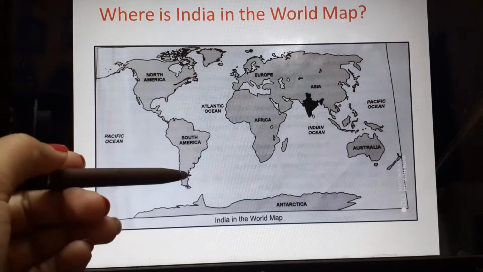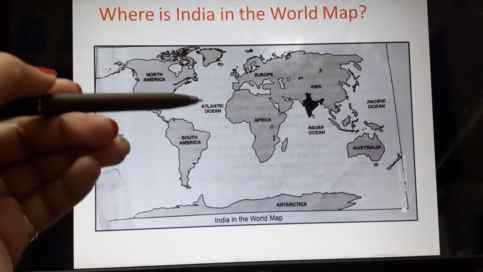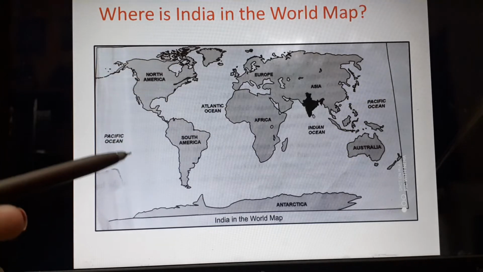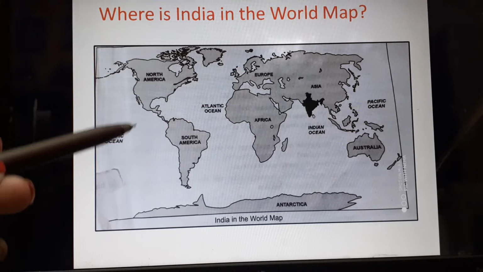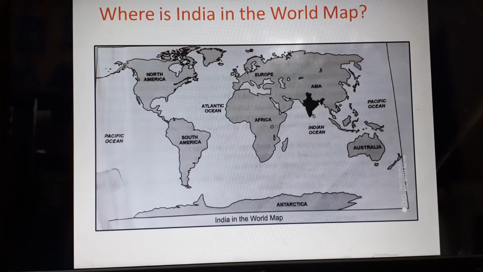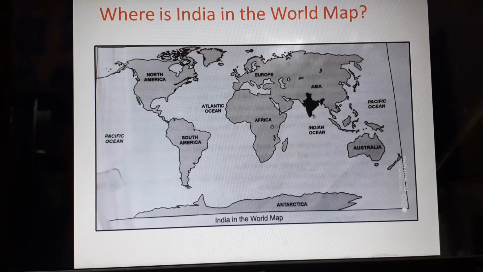Here, in between South America and Africa, there is the Atlantic Ocean, and the remaining portion is the Pacific Ocean. As we know, the globe is in the shape of a sphere, and that is how the earth is as well.